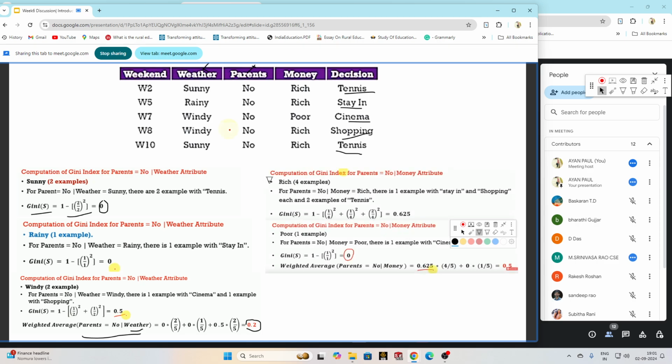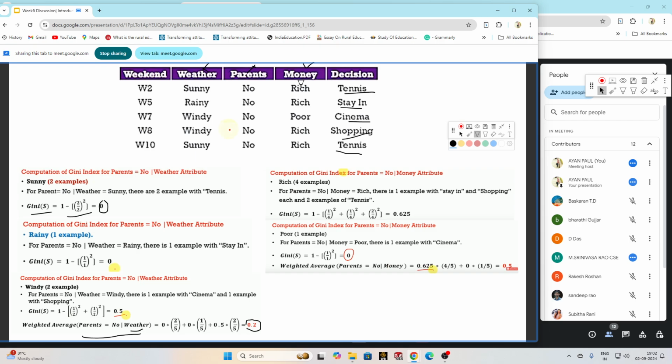Now we will be calculating the weighted Gini index for your money attribute. Similarly we will be calculating the Gini index for your money attribute. Okay, so for the money attribute there are 2 classes, one is rich and one is poor.